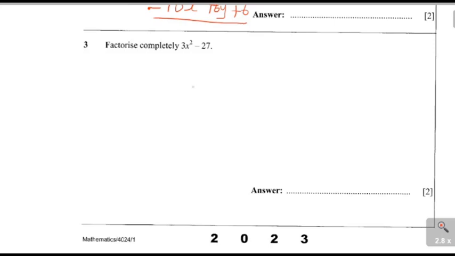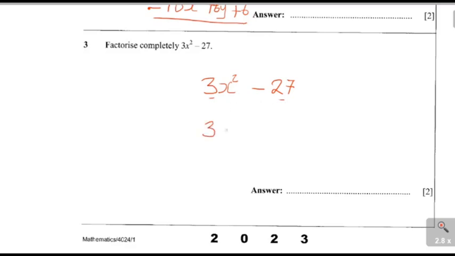The third question is they want you to factorize 3x squared minus 27. Because the question is to factorize, we factor out the numbers. You have a 3 and 27. Find the highest common factor of 3 and 27.